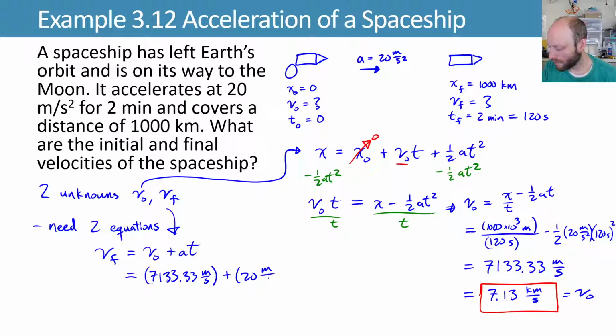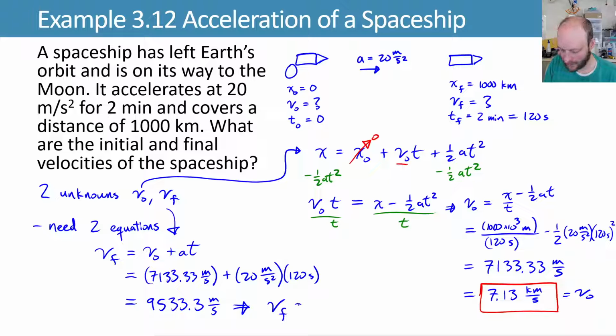Plugging in for acceleration and time. Evaluate that, and we get 9533.3 meters per second. Or again, I would probably be more inclined to write my final velocity as 9.53 kilometers per second.